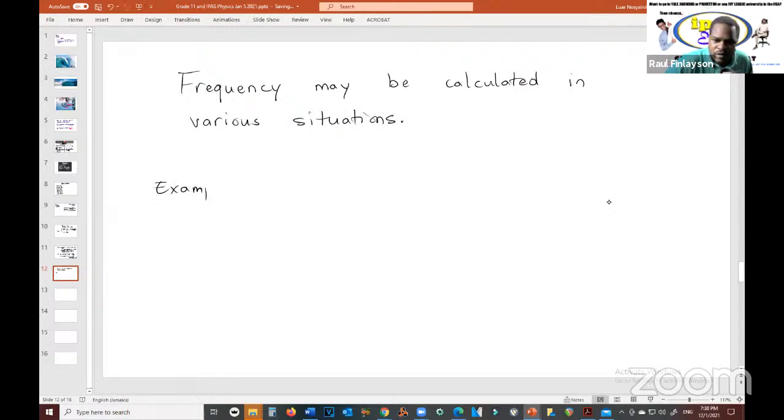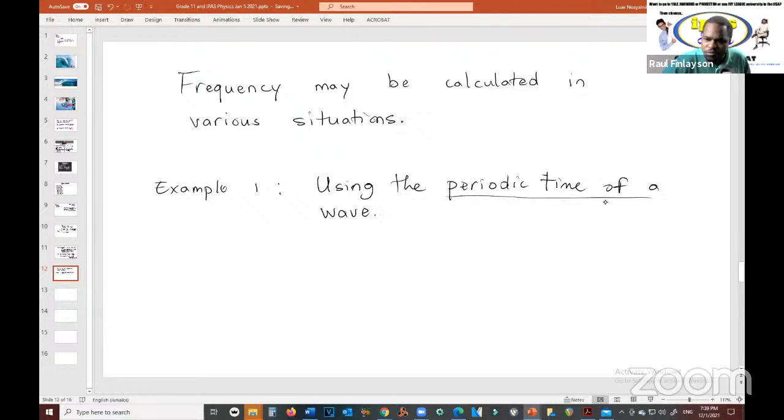Example 1. Using the periodic time of a wave, right? So periodic time. All right, so the periodic time of a wave.